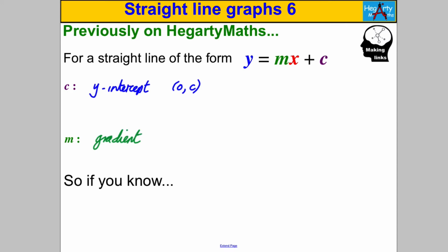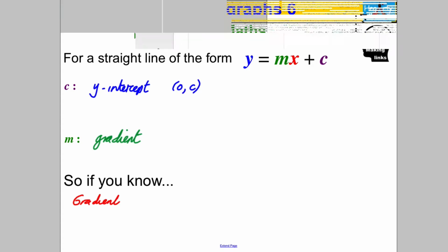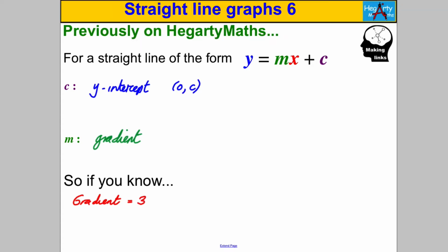So just out of interest, if going backwards it wasn't in that form, but somebody told you that the gradient was 3, and they told you that the line went through, let's say, 0, 5, would you be able to write the equation of the line? Well, you certainly would, because the gradient being 3 means m is 3.